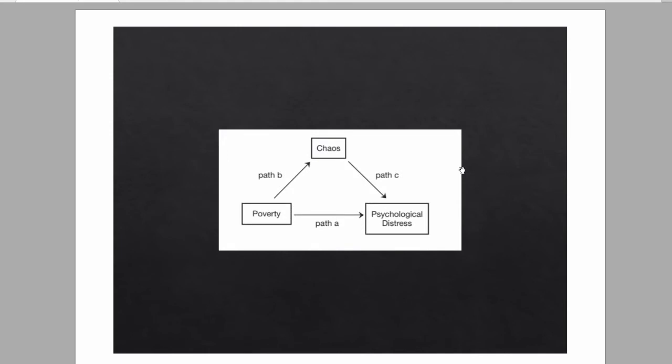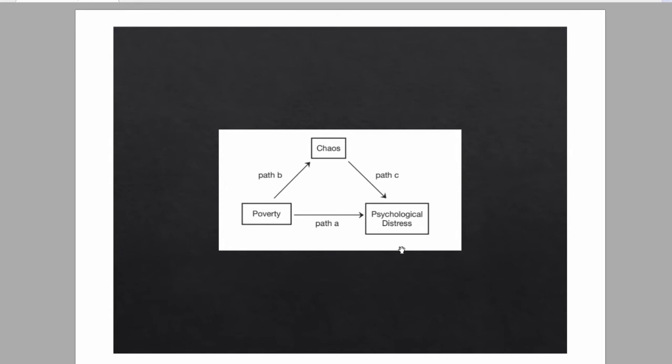And this, again, is just to show you some kinds of correlations that could happen. In a study by Evans and colleagues, they found a correlation between poverty and psychological distress, but other people said, well, maybe that's not poverty causing psychological distress in a direct way.